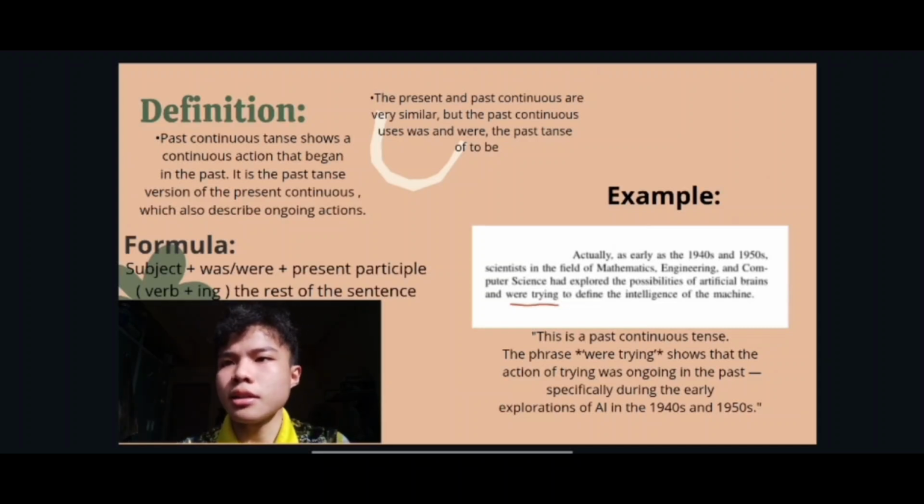So this is a past continuous tense. The phrase were trying shows that the action of trying was ongoing in the past, specifically during the early exploration of AI in the 1940s and 1950s.